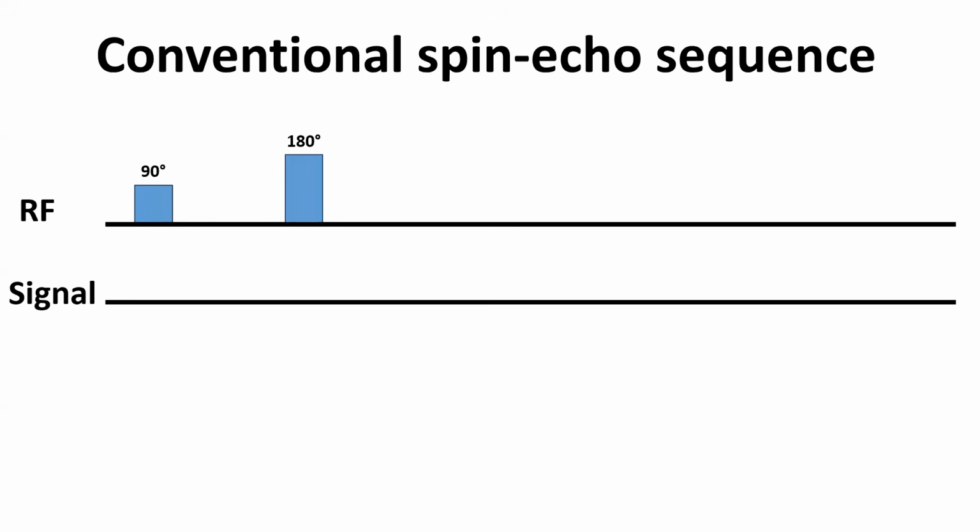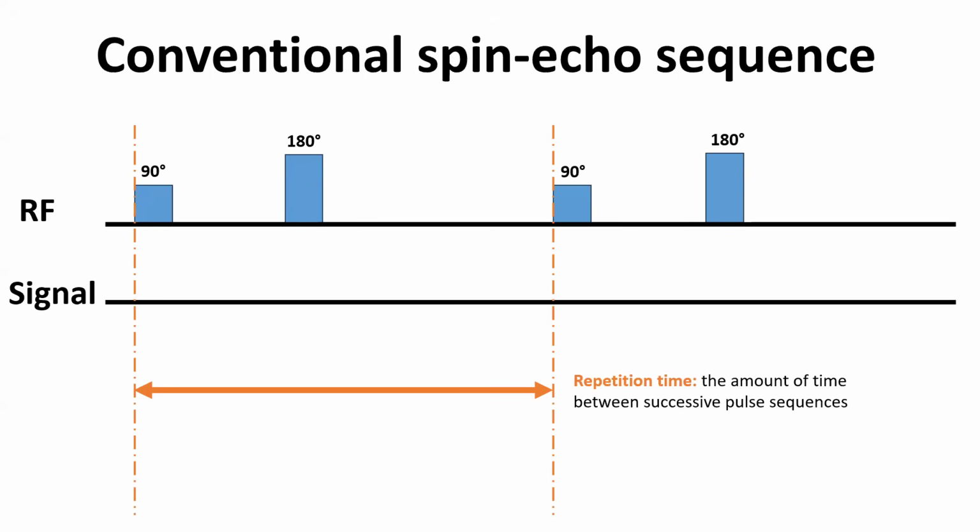This is a conventional spin echo sequence, and well, one spin echo is not enough. We're going to repeat it a number of times to create a lot of spin echoes. This helps us introduce a new concept, the repetition time, which is the time between the start of successive pulse sequences.